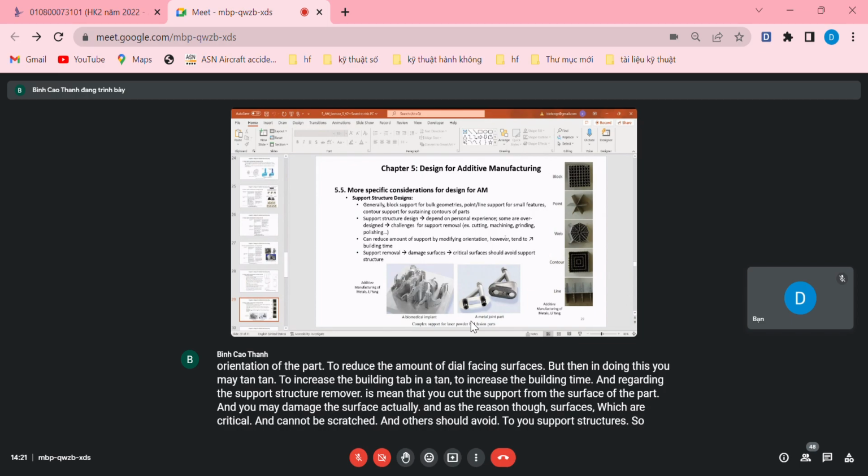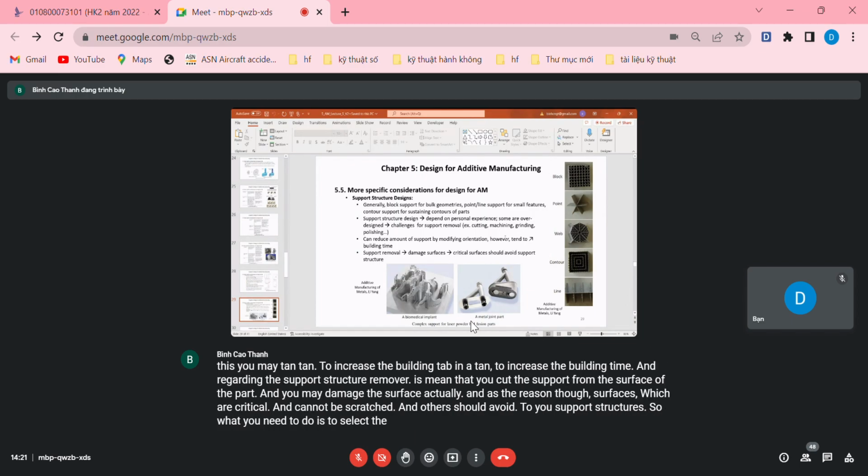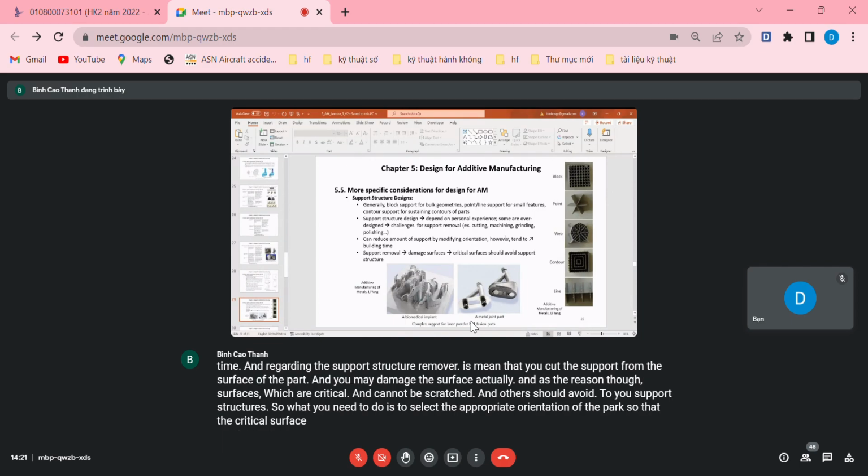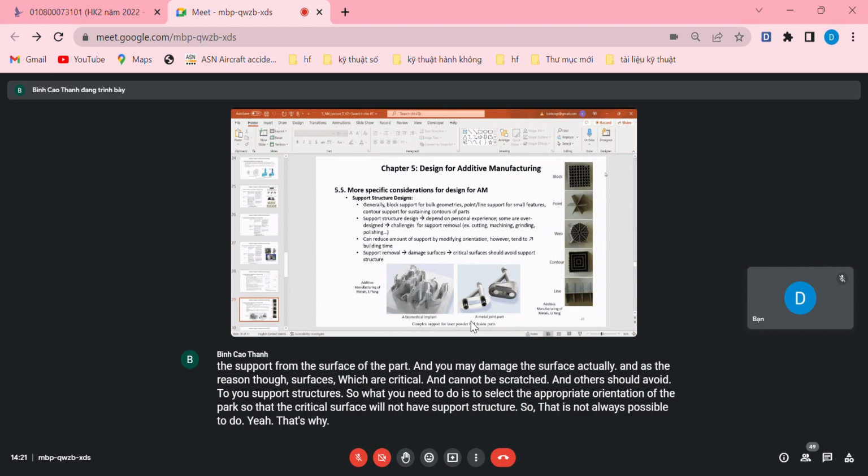So what you need to do is to select the appropriate orientation of the part so that the critical surface will not have support structure. That is not always possible to do. That's why we said it depends on personal experience, in addition to the help of the software.